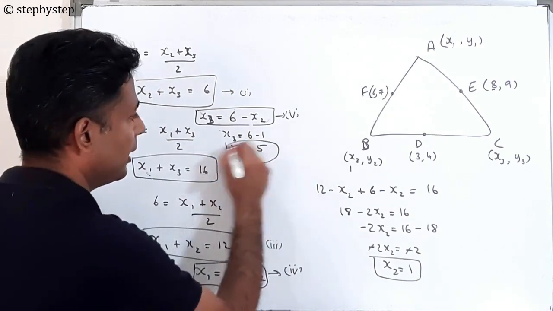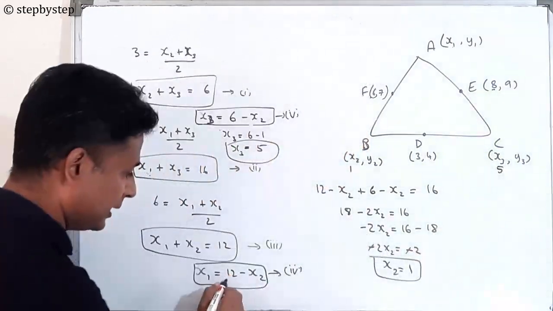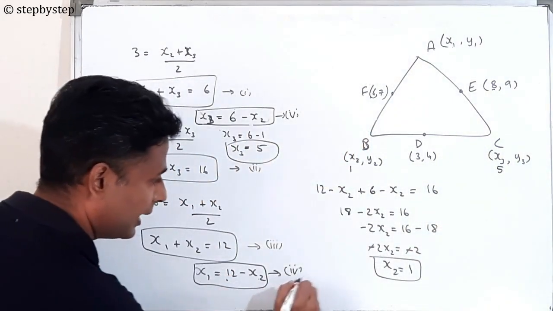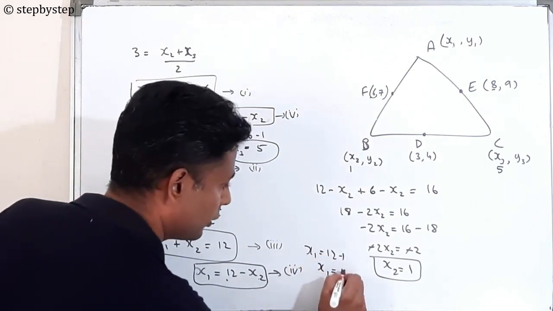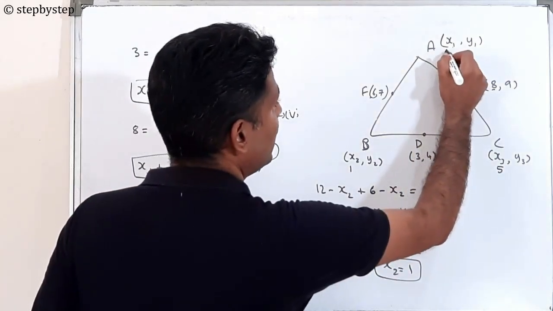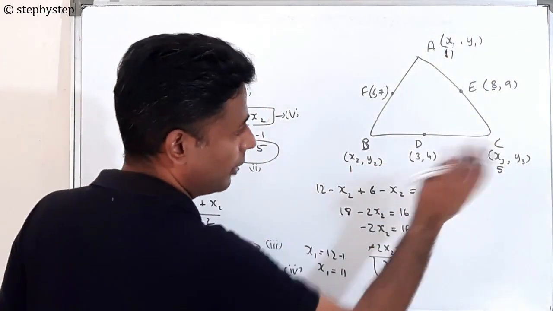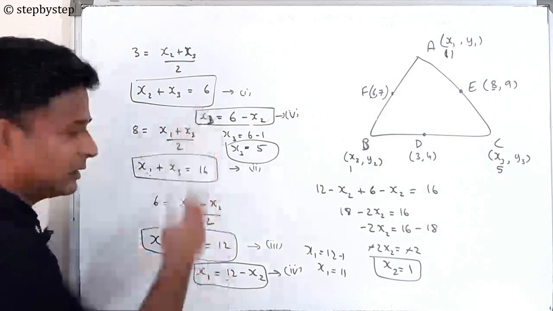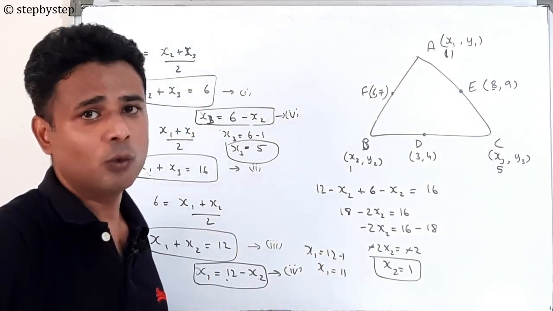And substituting the value of x2 in this equation, we get x1 equal to 12 minus 1. So x1 equal to 11. So now we have found the values of x1, x2 and x3 using these three formulas. Similarly, we'll find the values of y1, y2 and y3.